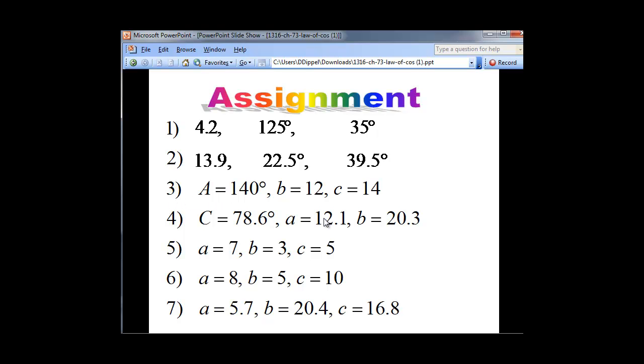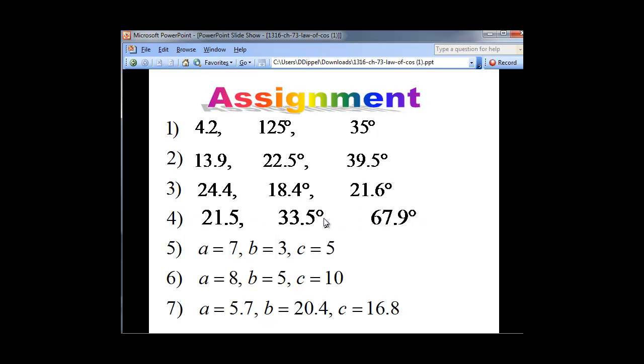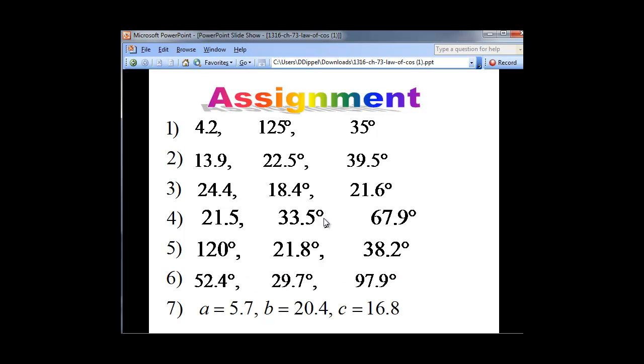For number 3: 24.4, 18.4, and 21.6. For number 4: 21.5, 33.5, and 67.9. Number 5: 120, 21.8, and 38.2. Number 6: 52.4, 29.7, and 97.9. And number 7: 13.7, 122, and 44.3. Hopefully I got all those right and typed all those answers in correctly.